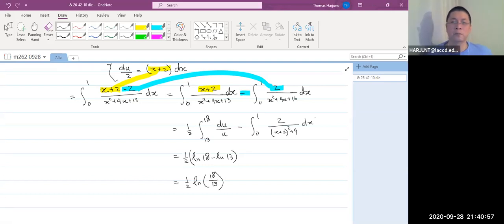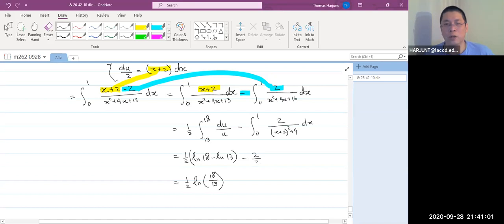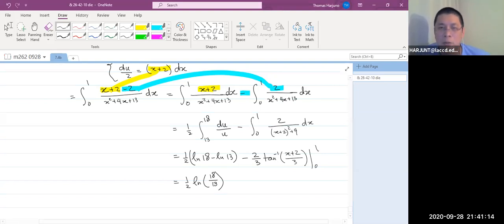Or if you want to do it super fast, this is 2 over 3 tangent inverse of x plus 2 over 3 from 0 to 1. If you want to do it fast, you cannot do it faster than my method. No way. So instead of skipping steps, how about doing it right so that when I skip steps, you see what actually happened in between.